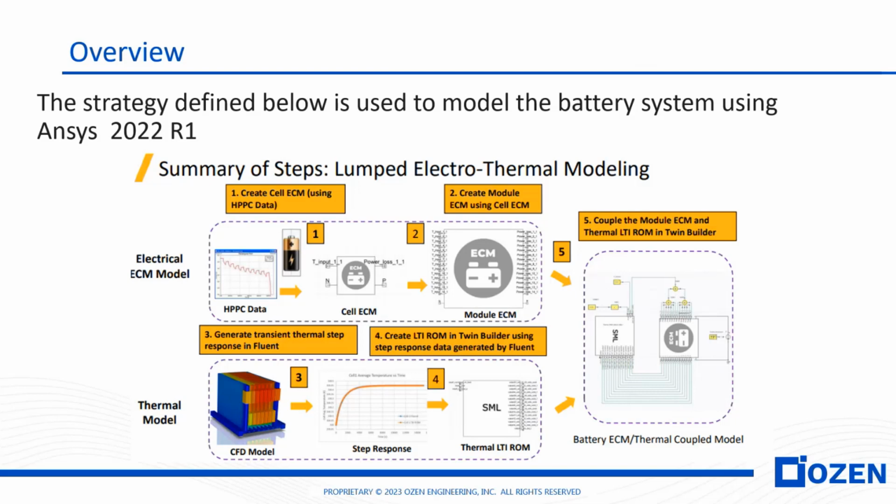Then within TwinBuilder, we're going to move on to a module ECM. In the third step, we're going to first talk about setting up the battery model in Fluent. We'll generate and then execute the CFD model, and make sure it works properly.